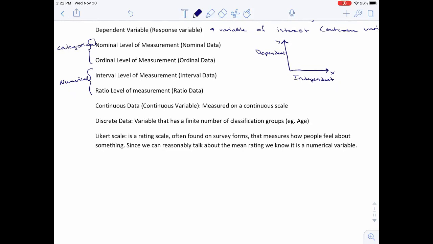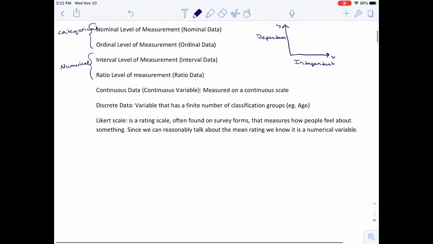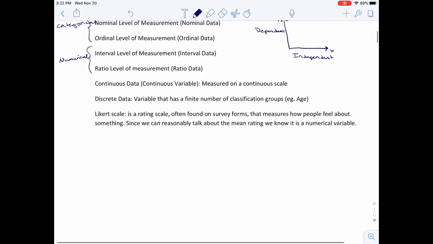One new one, because these are probably familiar. I just stole them from all your study guides. I compiled them, kind of added to them. One thing that I added fresh that we haven't talked about is the Likert scale. A Likert scale you might have heard about is just a rating scale. So if I ask, how bad is your pain on a scale of 1 to 10, that's a Likert scale.